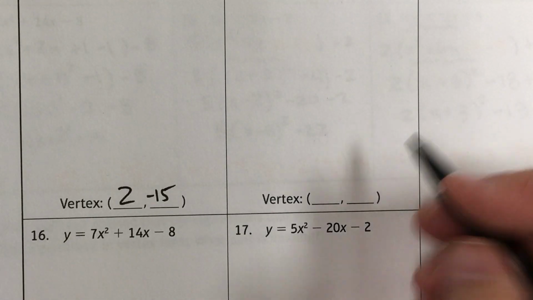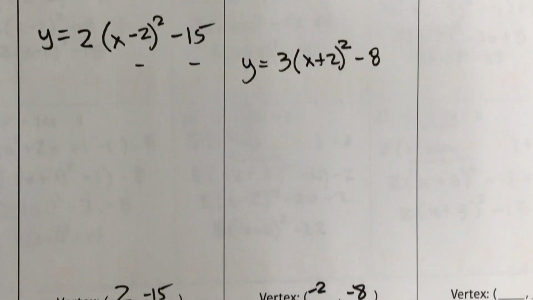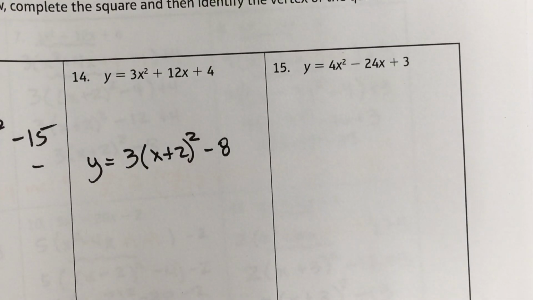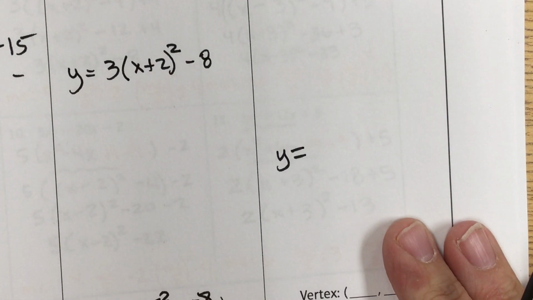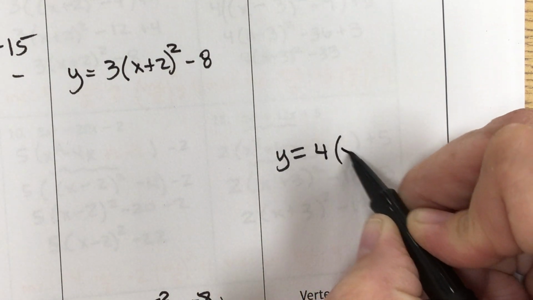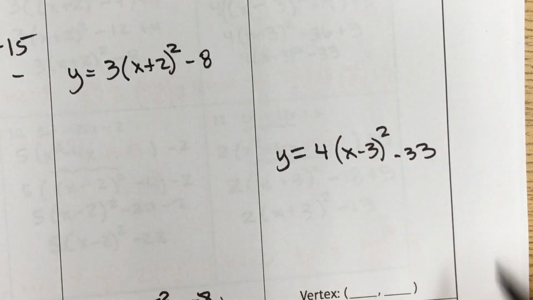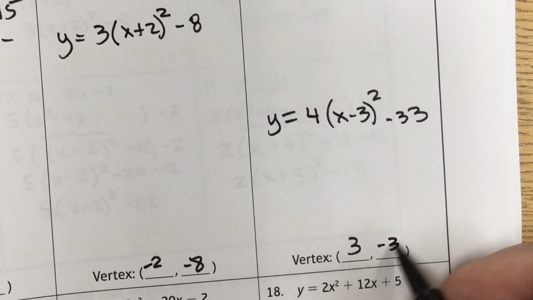My x value, -2. My y value, -8. And number 15. I'm going to write it down just a little bit further so that we can actually see it. So this is going to be 4 parentheses x minus 3 all squared minus 33. So I get 3, -33.